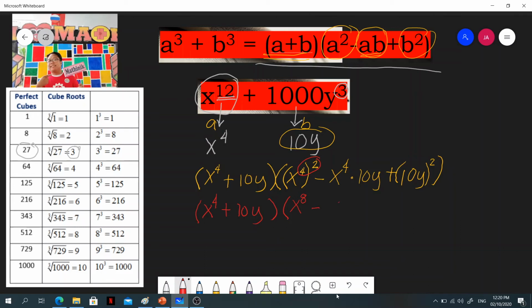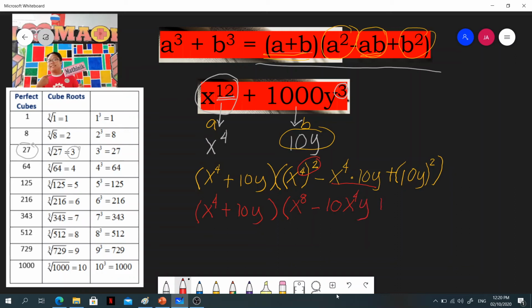Minus, pag mumultiply natin to, diba? So, pag ganyan, pag minumultiply natin yung ganyan, uunahin natin yung numerical coefficient and then alphabet. So, mauuna si x to the 4th, tapos y.